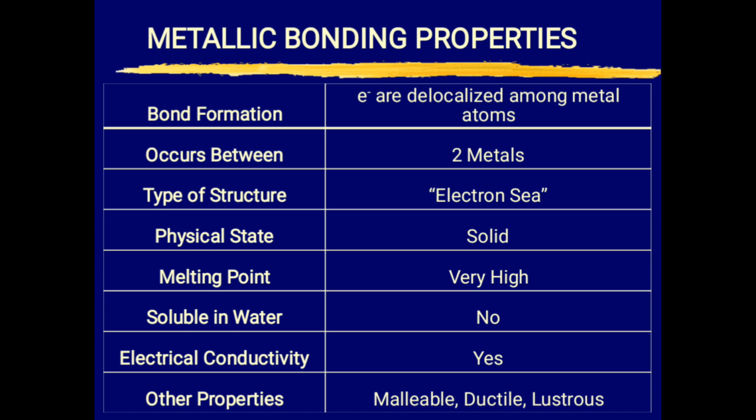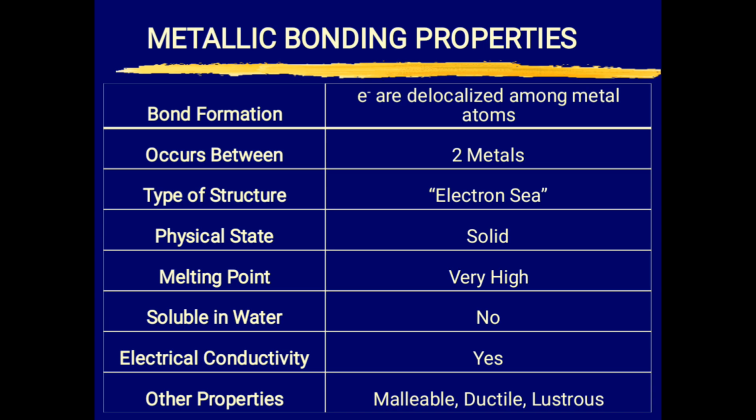Now let's move to the metallic bond properties, some of the properties that arise from metallic bonding. In the bond formation, you have electrons that are delocalized among a fixed metal lattice. This is just a summary.